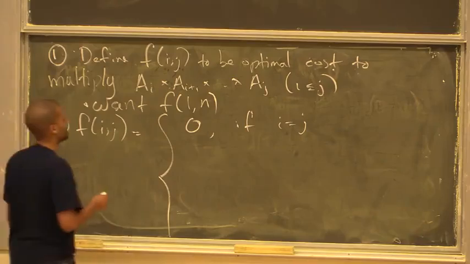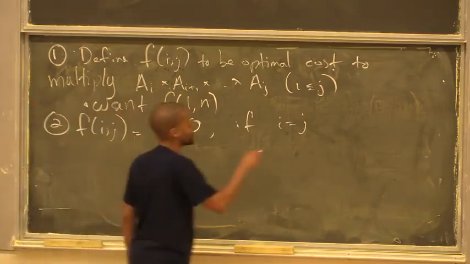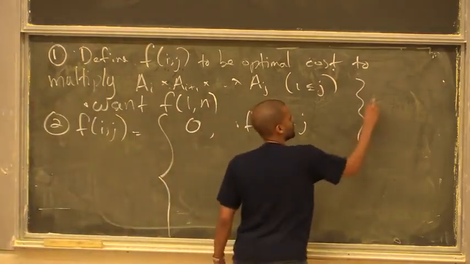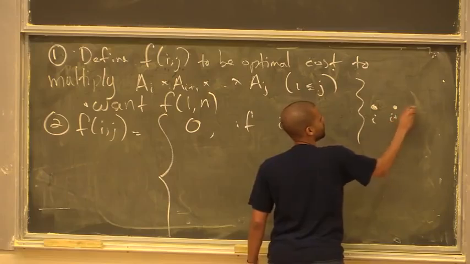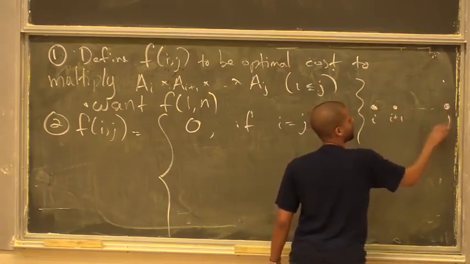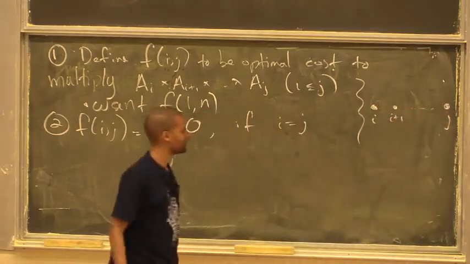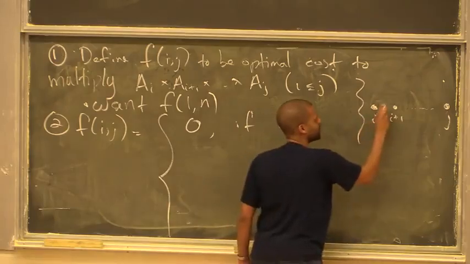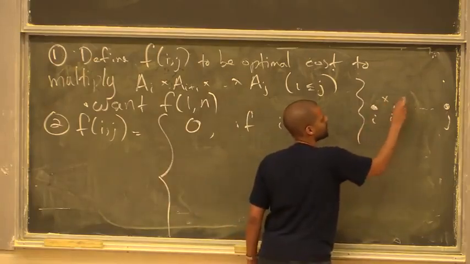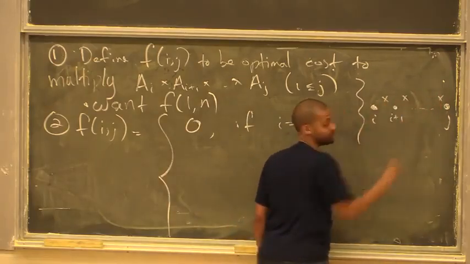So, let's just think about this. If we have I right here, and then here we have I plus 1, and then here we have j, we have all the multiplies in between. Here's a multiply in between. Here's a multiply in between. Here's a multiply in between.